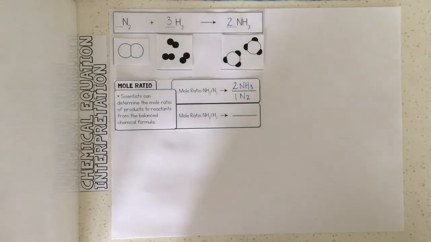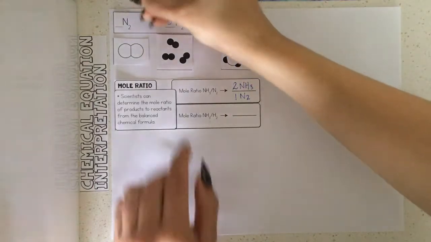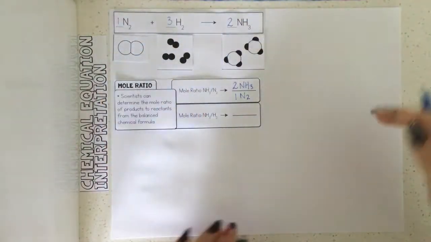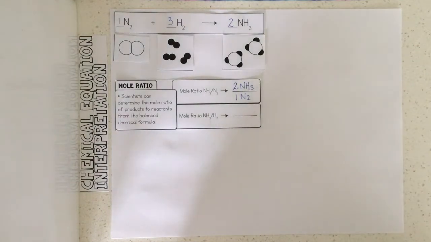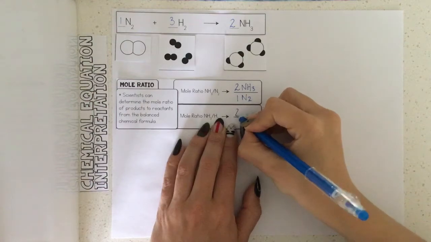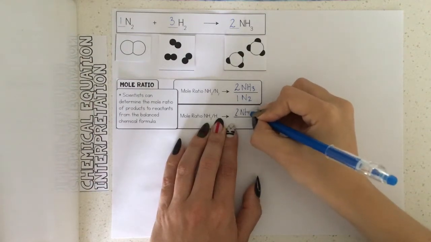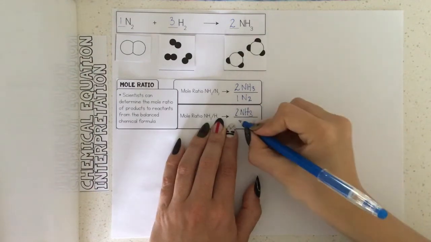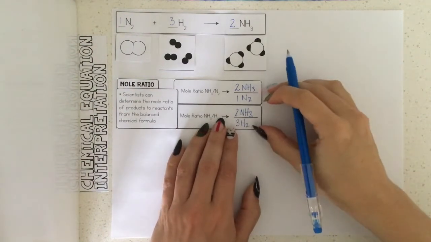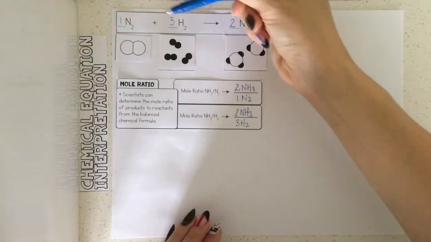Remember, when you're writing balanced equations, you don't have to write the 1 as the coefficient, but that's what it means if you don't write anything. The ratio between ammonia and hydrogen looks like this. I'm just getting these numbers from the balanced chemical reaction.